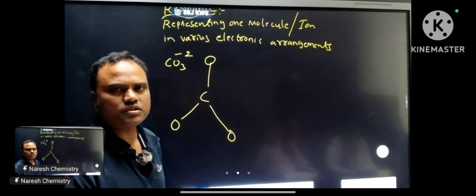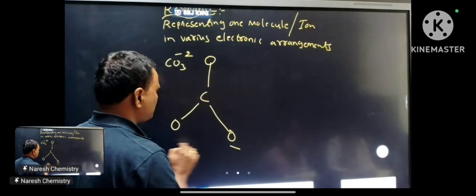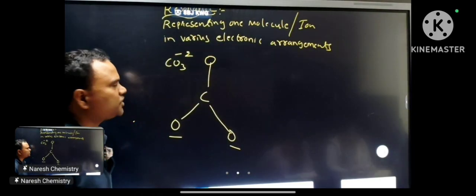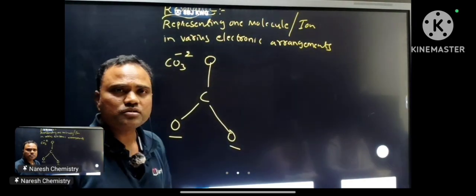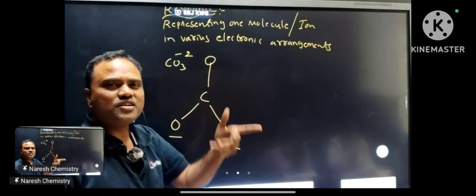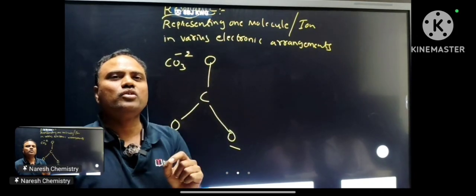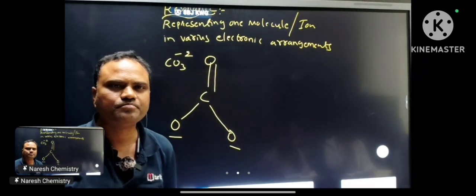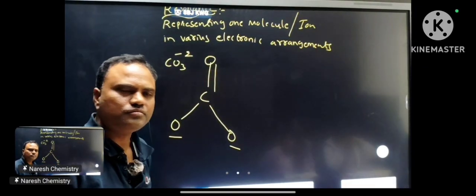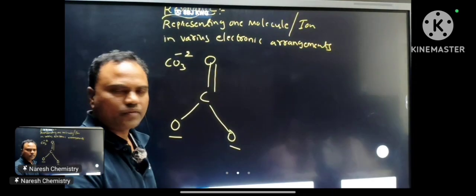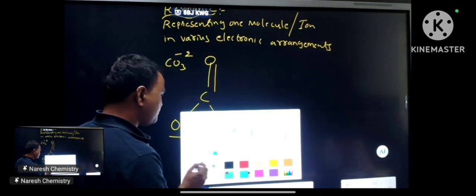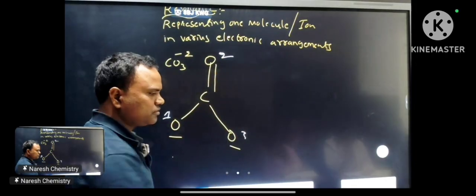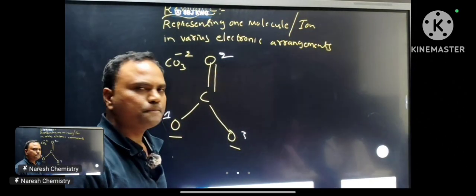How many negative charges? 2 units negative. 2 negative charges are completed, right? Is there any extra charge? No. This oxygen is not getting a negative charge. The oxygen which does not get a negative charge, keep a double bond. Now let us give numbering for the oxygen atoms: first oxygen, second oxygen, and third oxygen.